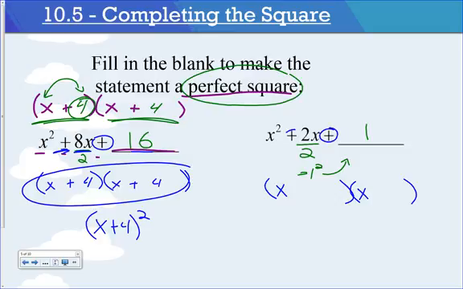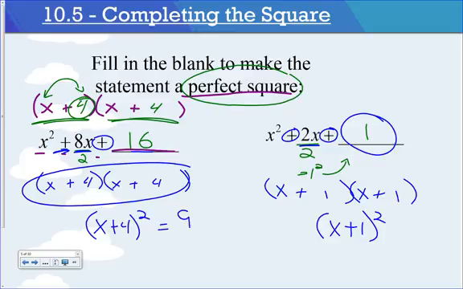This is positive, so I do 2 of these. Plus, plus. Factors of 1 that add up to 2. Well, guess what? Those factors of 1 are 1 and 1. It's factored. Now I can say that that could be x plus 1 squared. And if I had that as part of an equation, let's say that there was a 9 over here, let's say that maybe this was 16. I could take the square roots of both sides now to solve that equation.